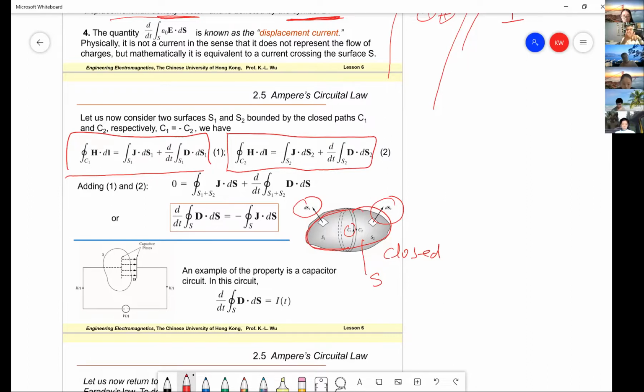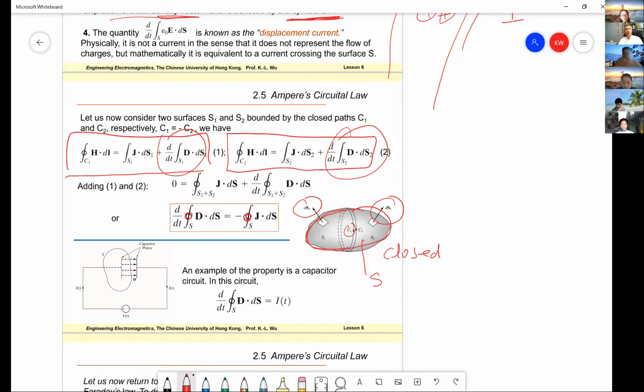Because C1 and C2 are in opposite directions, so the line integrals cancel each other. And for the second part, when I add the two surfaces S1 and S2 together, I form a closed surface. You see the closed surface. The current is also through a closed surface.